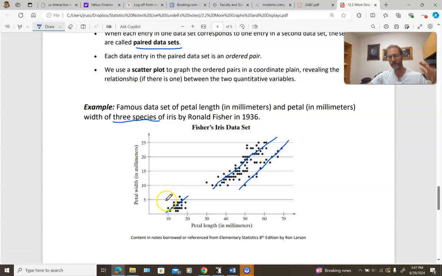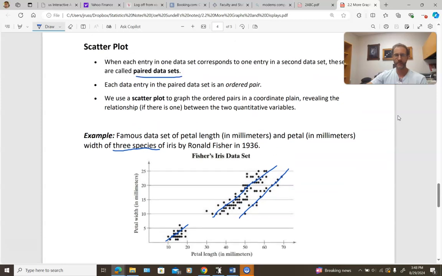That's why you're seeing this upward trend in the data for all 3 species here. And guys, I would be willing to bet that's probably universal for the most part, not just with irises, but all sorts of flora. All right, so there's an example of a scatter plot.